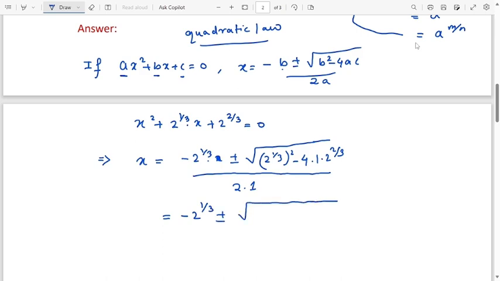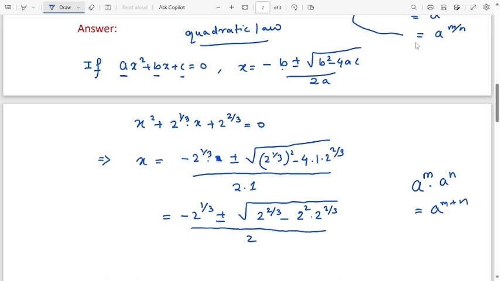From the exponent law, 4 can be written as 2² times 2^(2/3). Now we are going to use this formula: a^m times a^n can be written as a^(m+n).